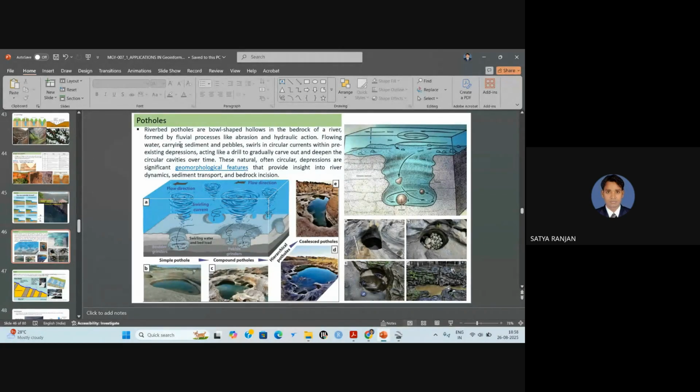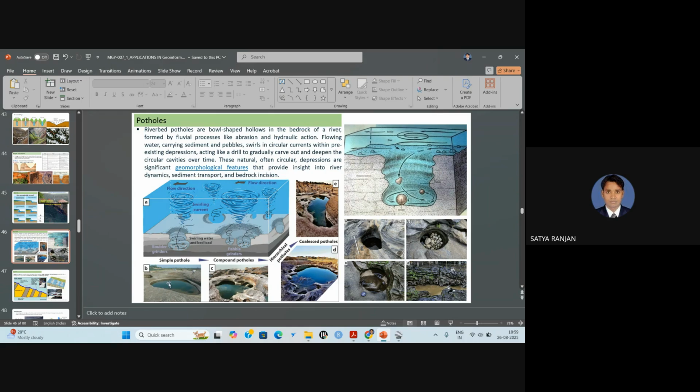Small boulders and small ingredient parts are there, and in the river there are swirling currents. So it generally erodes these rock areas in a clockwise or anti-clockwise direction over a very long time.